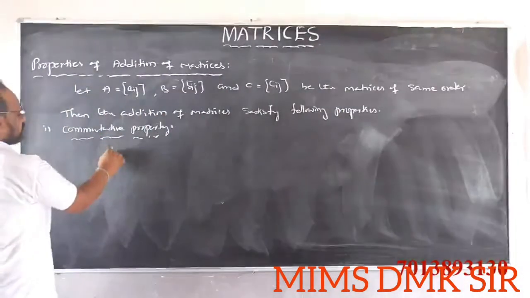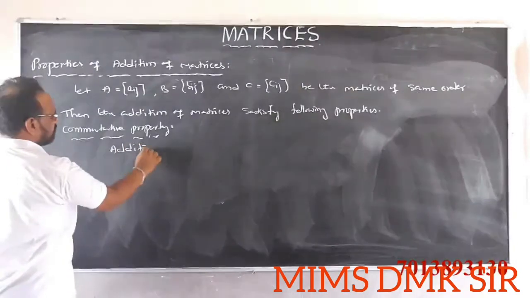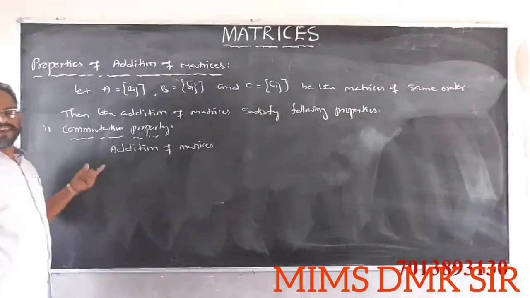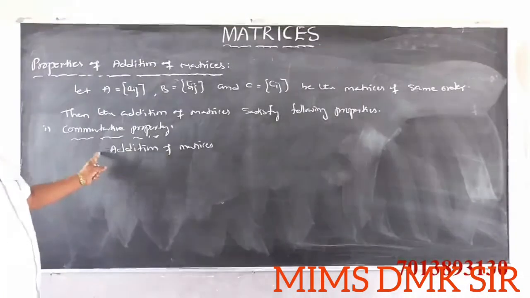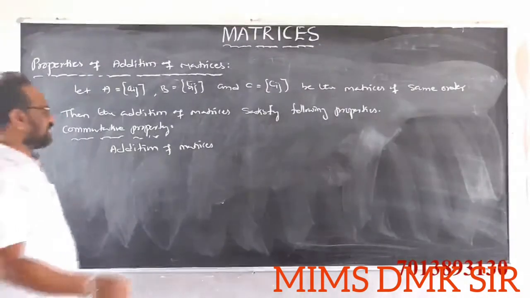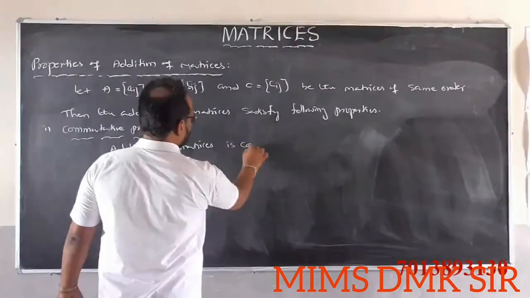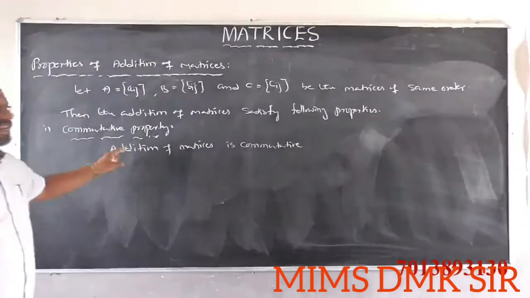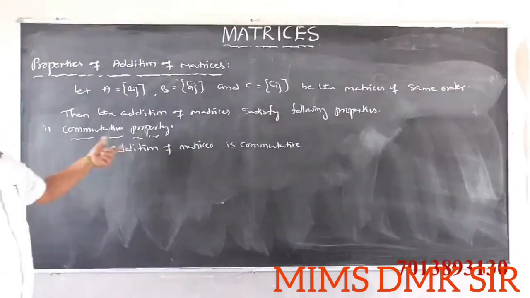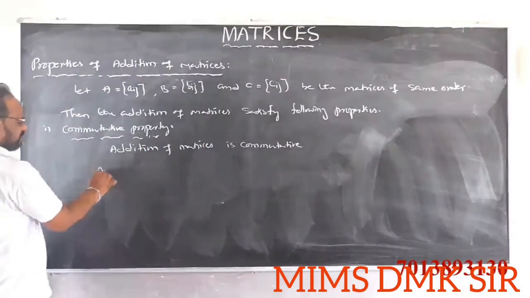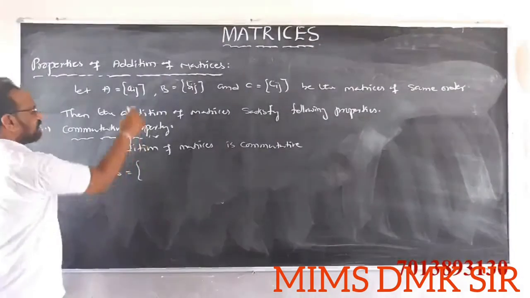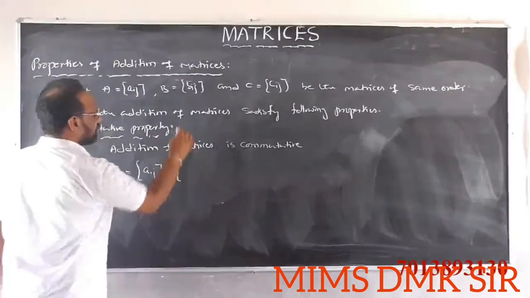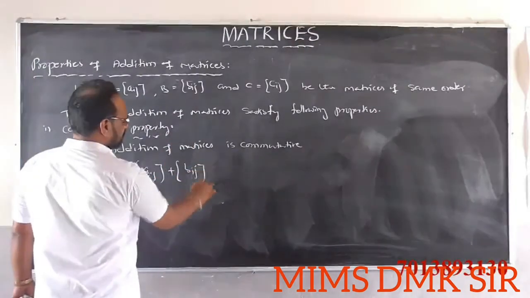Addition of matrices is commutative means A plus B is equal to B plus A. Clearly, A matrix is Aij of the same order and B matrix is Bij.